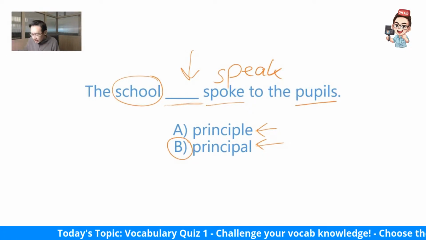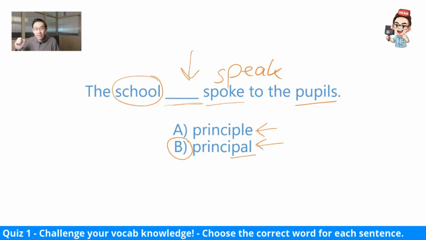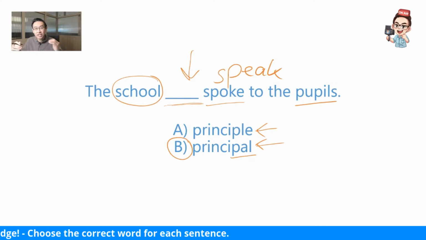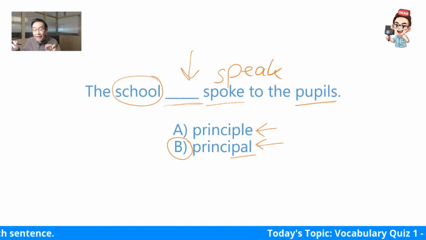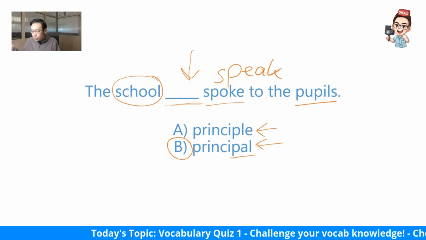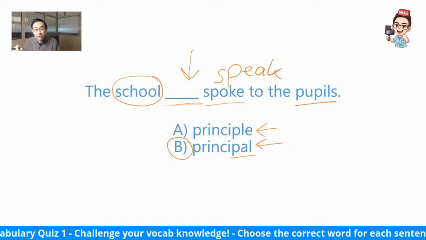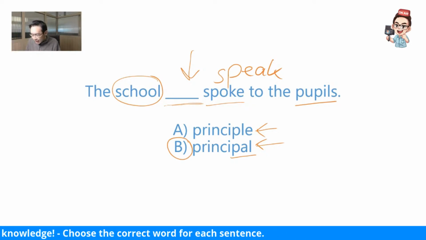Well, B, principal with PAL like this, means the head teacher of that school. You know, the biggest teacher who leads the school is called the principal with AL. So we say the school principal spoke to the pupils. So the head of the school said something to the young students. That's why we say principal like this. How about A?